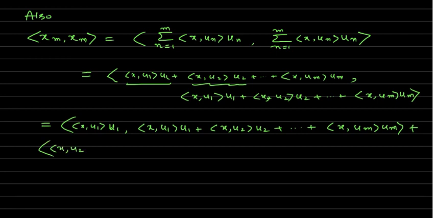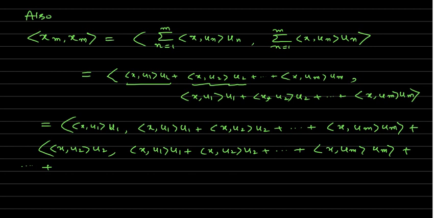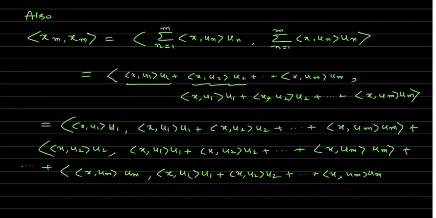That's x u2, its inner product with this sum, which is x u1 plus x u2 plus dot dot dot, plus the mth term, the inner product of this vector with the sum, which is the inner product x u1 u1 plus the inner product x u2 u2 plus the inner product x um um. Okay, this one.